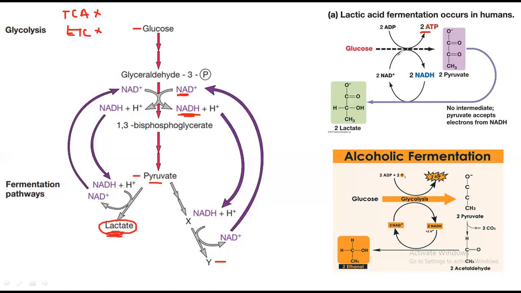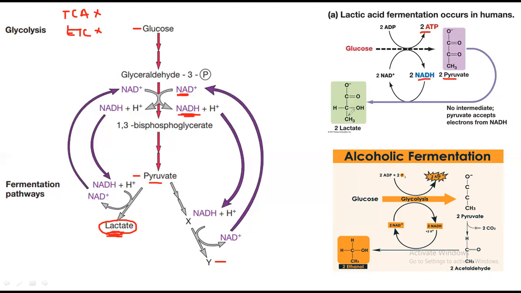Now we'll show you that there are basically two types of fermentation, very basic. The first one is lactic acid fermentation and the second is alcoholic fermentation. What happens in lactic acid fermentation: glucose is converted into pyruvate, and NADH is produced.